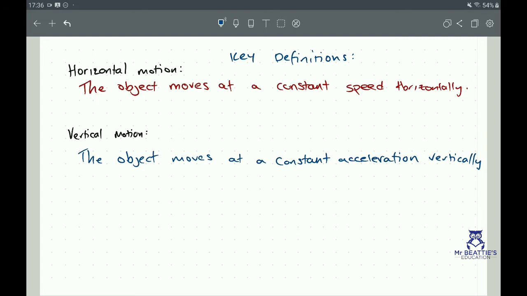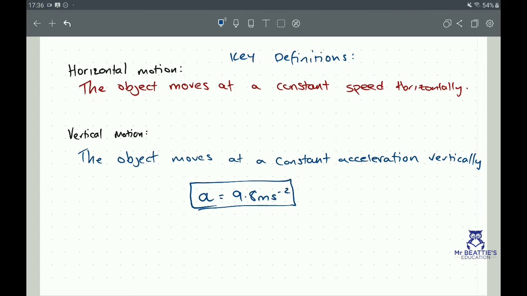Okay, so for us, that value of acceleration towards the ground due to gravity is 9.8 meters per second squared. And that's going to come in extremely important when you're doing these questions, because you need to know that. So anything that falls to the ground accelerates towards the ground at 9.8 meters per second squared.